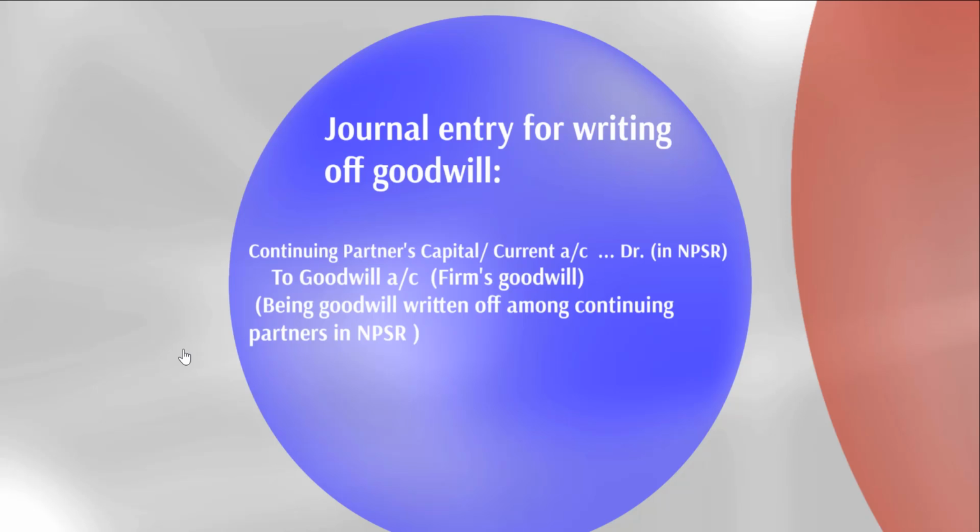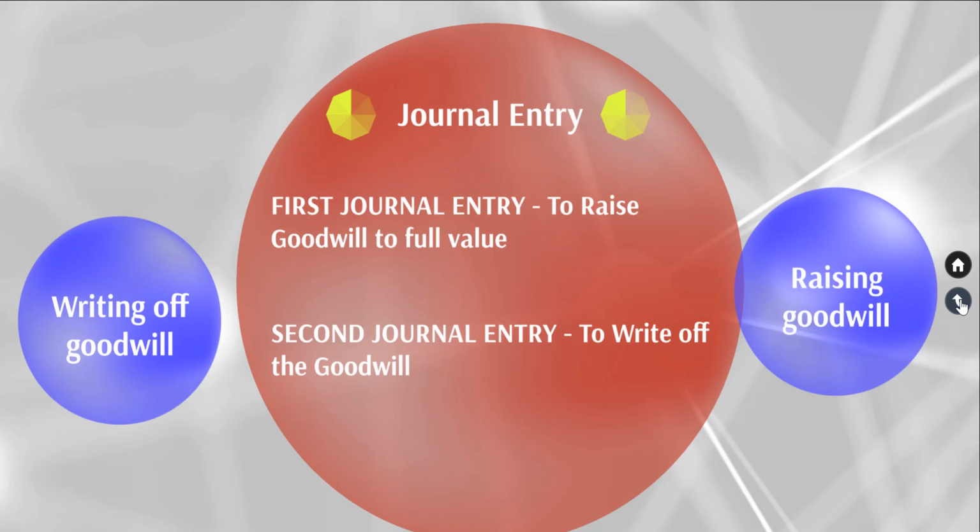Narration: being goodwill written off among continuing partners in new profit sharing ratio. So these are the two journal entries to be passed in the second method, where goodwill is to be raised to full value and then written off.